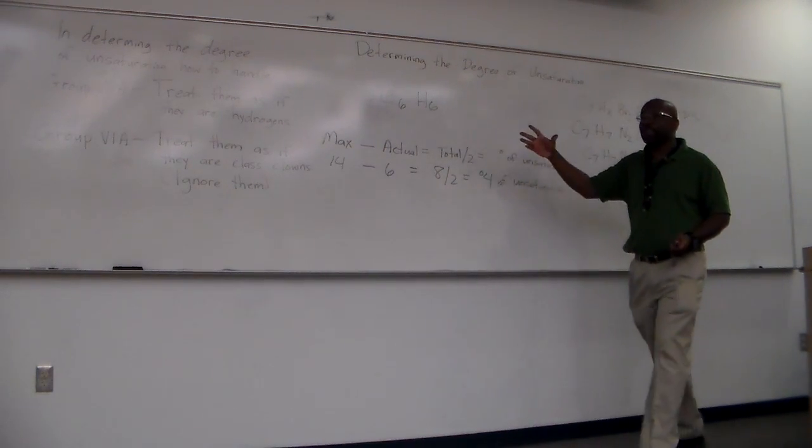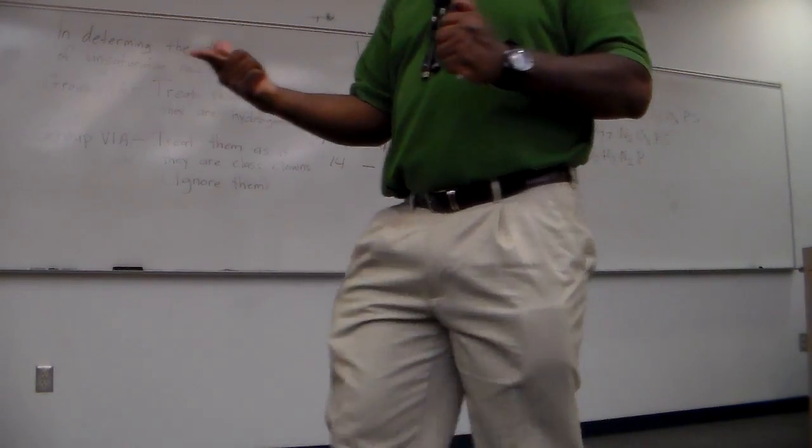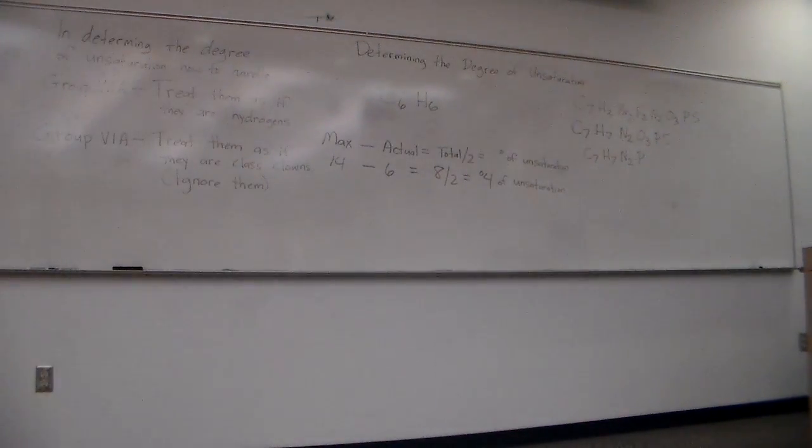Eventually, in doing the degree of unsaturation, everything has to reduce down to just carbon and hydrogen. You can't have any other element besides carbon and hydrogen. The last one: how do you treat group 5A?